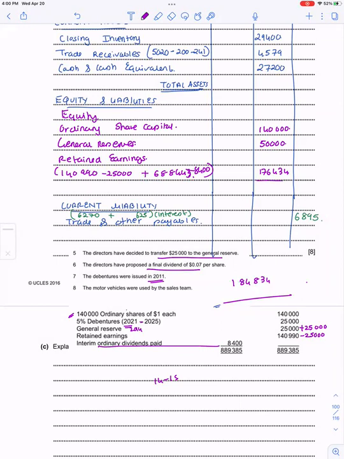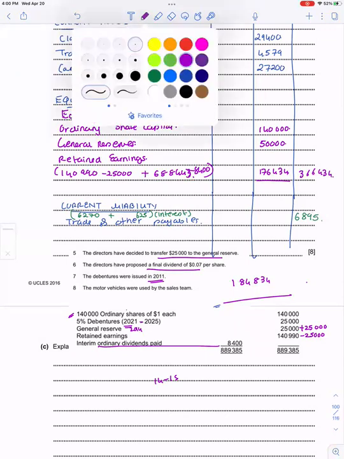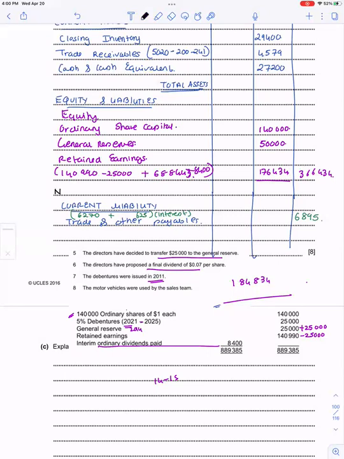So what is your total equity? 140,000 plus 50,000 plus 176,434. 366,434. Then you have non-current liabilities.